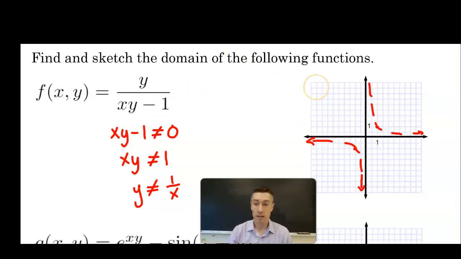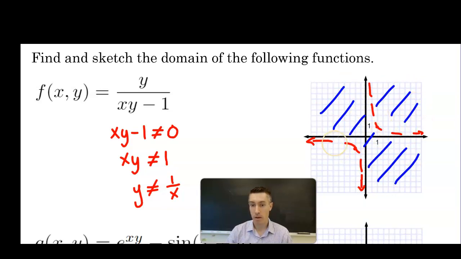And then the domain is any point that's not on the hyperbola. So I'll grab a different color to shade. So shade in between our dashed, and then above and below. So the domain is all points not on the hyperbola, y equaling 1 over x.